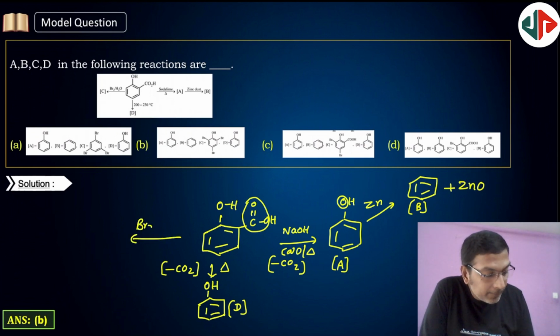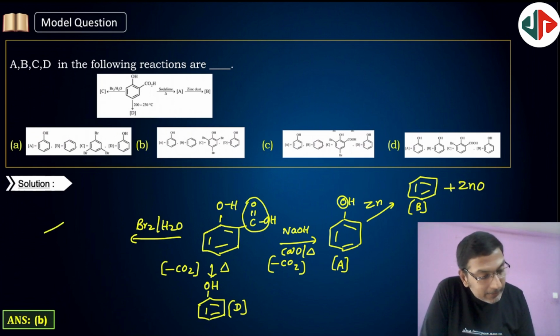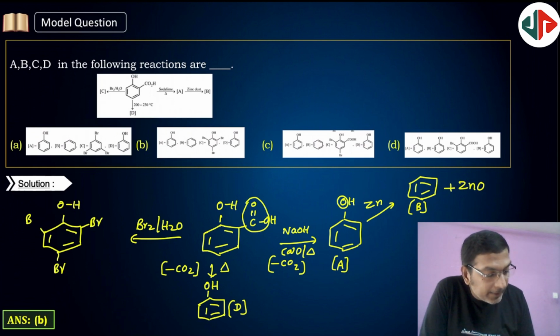Next, bromine water. This is the test for phenols. So it gives a tribromo derivative, white PPT.